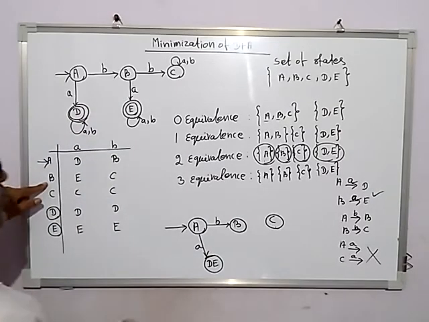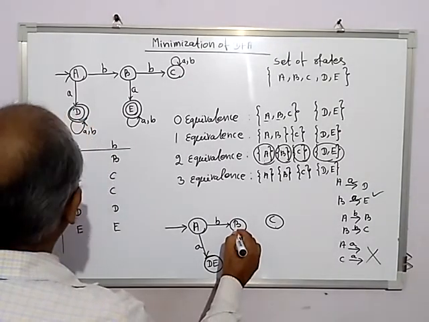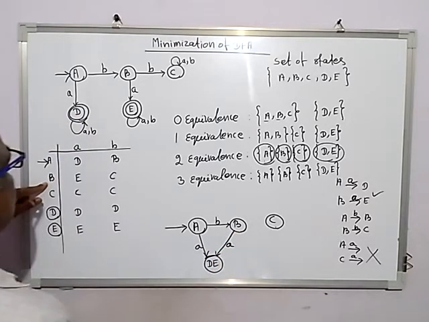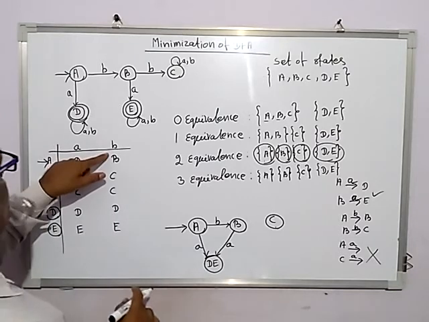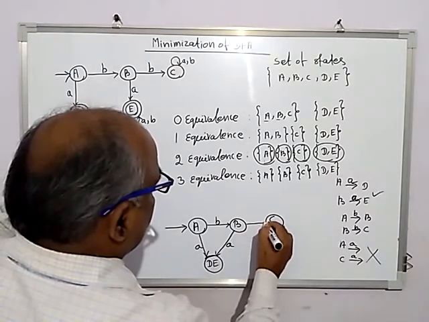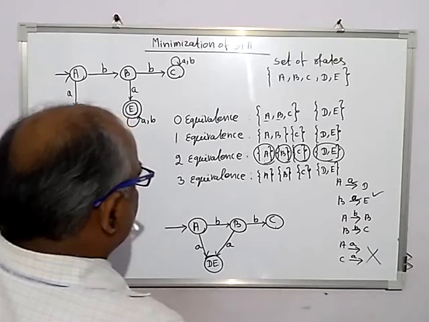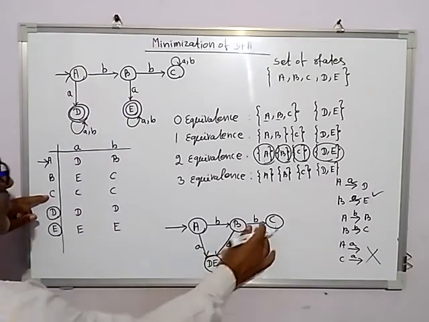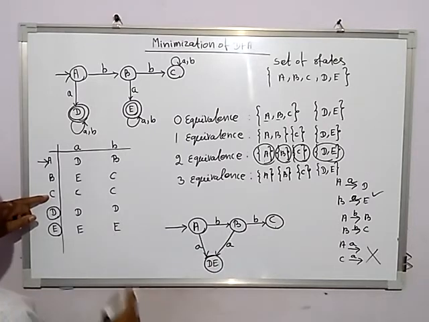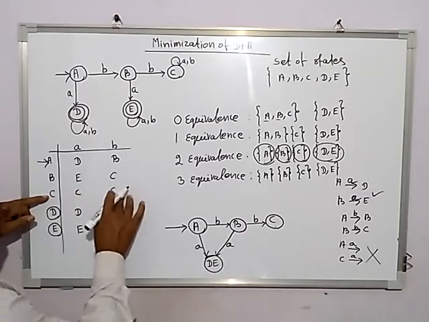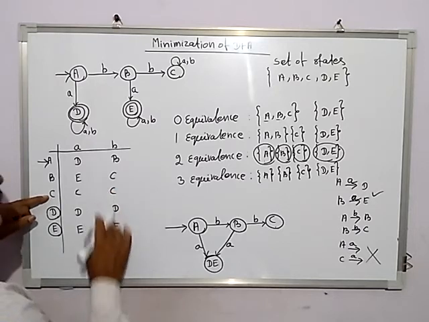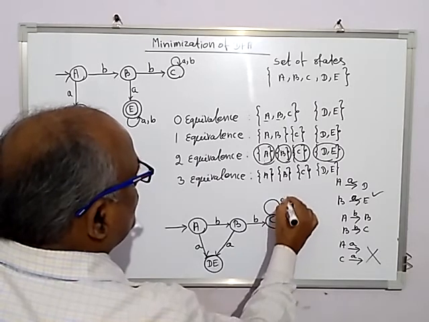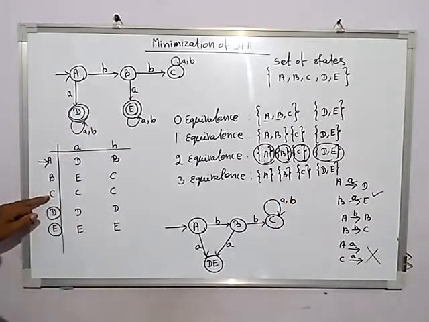For B, for input A, it will go to D, E. For input B, it will go to C. Then we consider C. For input A it will go to C, and for input B it will go to C.